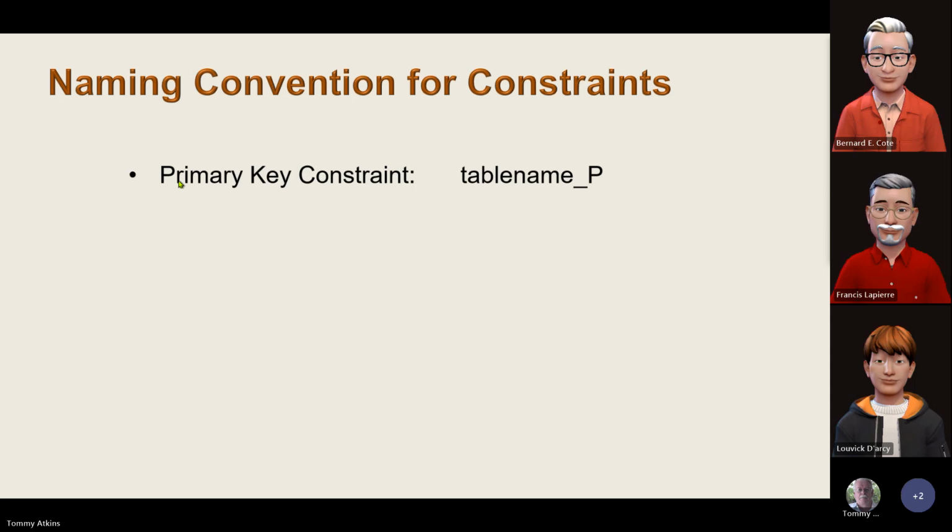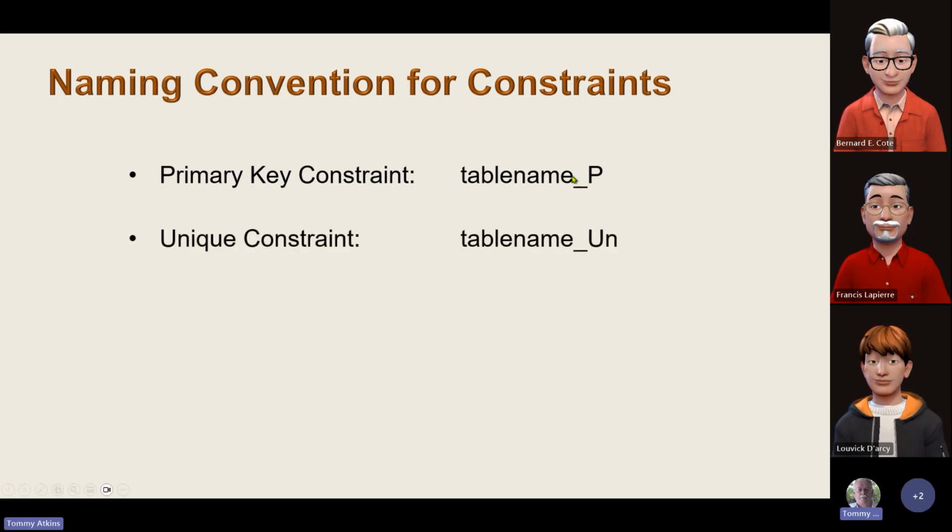So you have to decide on a convention. I would suggest you do, because when you look at a constraint name, I can tell exactly what table it's attached to, what foreign key table it's attached to, or what, in this case, what physical table it's attached to. Unique constraint, underbar UN, N being a number from 0 through 9.